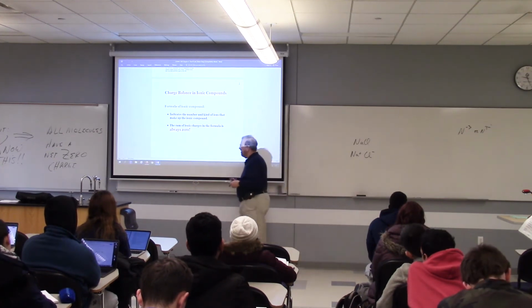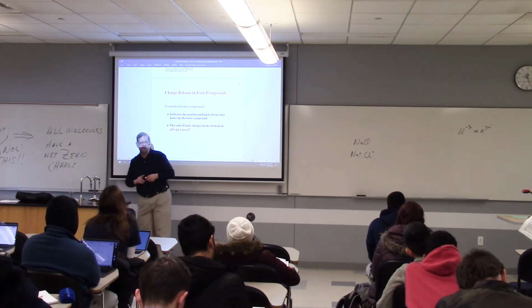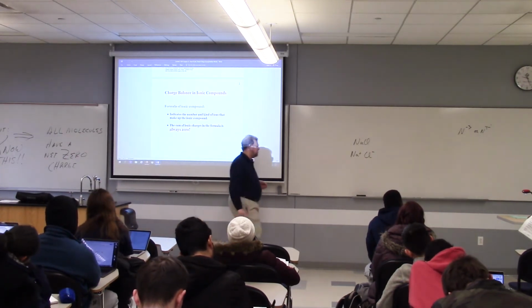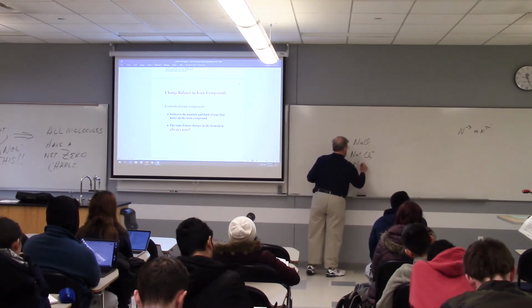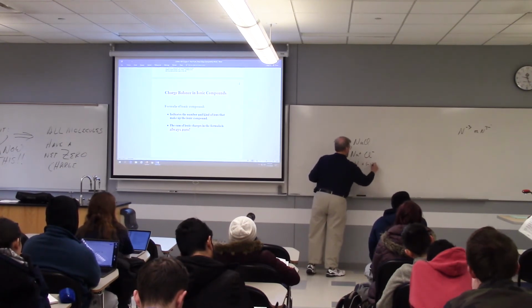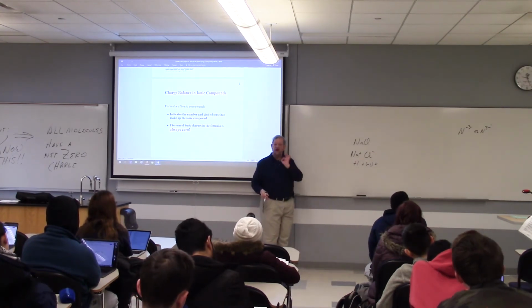Now, the important thing, all molecules have a net zero charge. What does that mean here? Notice this is a +1. This is a -1. High level math time. Add them together, what do you get? 0.